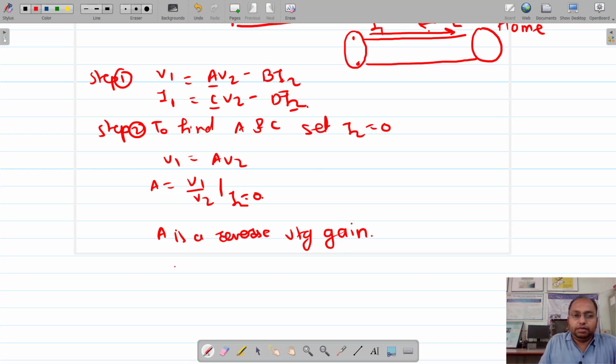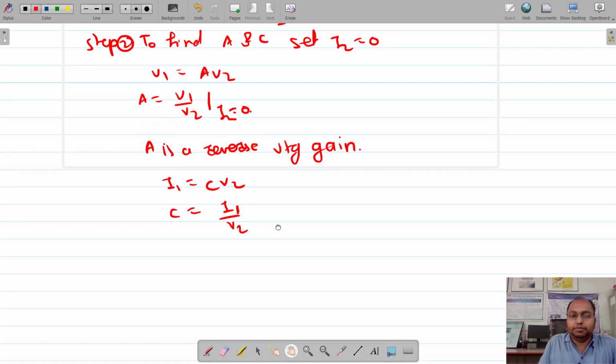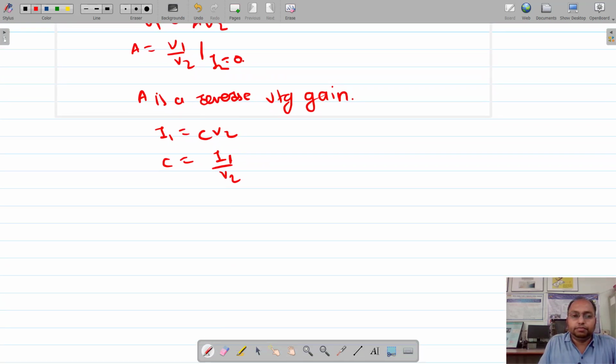I1 equals CV2, so C is I1 divided by V2, and this is admittance. So C is the reverse transfer admittance.